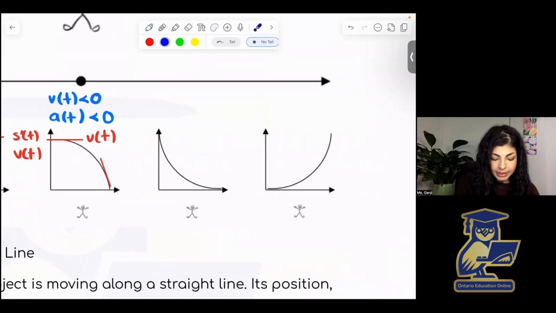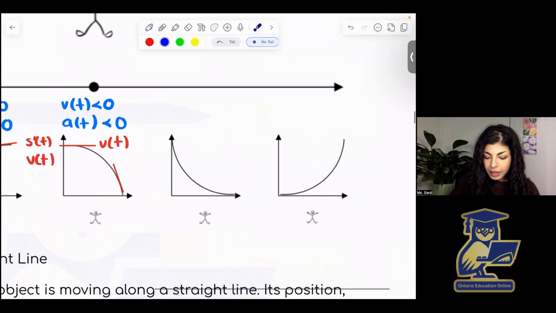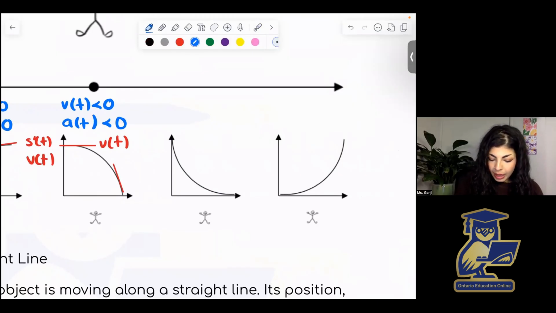Now, in the next example, our displacement is also negative. We're going towards the negative on our y-axis. But here, let's look at those tangents again.